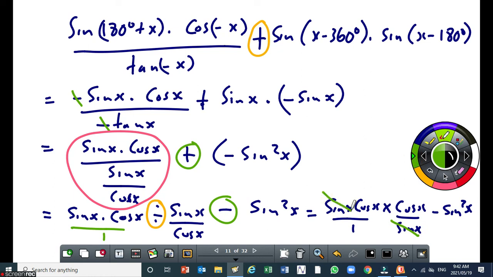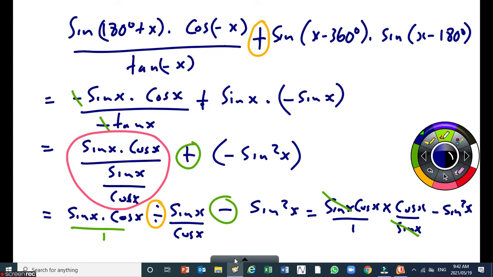You see that? And then we are going to end up having cos x times cos x, which is cos squared x. So this will become cos squared x minus sine squared x. This is an identity itself from grade 12, but you are in grade 11 now.